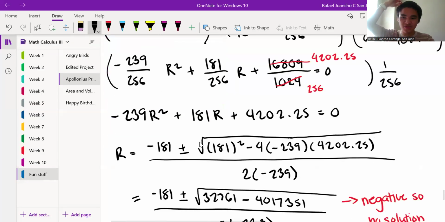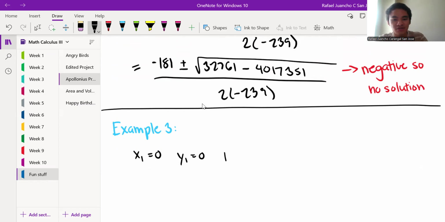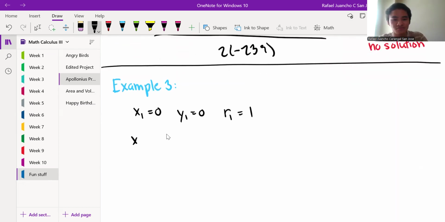So the second example doesn't work because my R is negative, right? So my radius has to be positive. Okay, let me do an example. Three. So here again, my x1 is 0, my y1 is 0, my r1 is 1, right? The next one, this is 2.